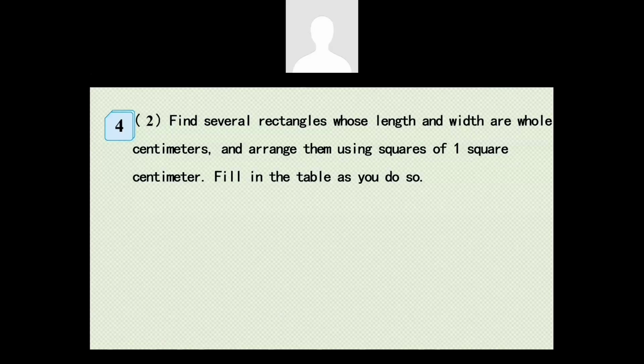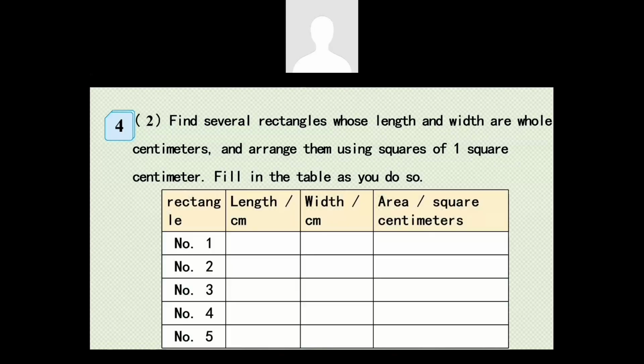Cover them with 1 square centimeter squares and fill in a table: length, width, area. I will give 2 minutes to observe the pattern: how area relates to length and width. Okay, 2 minutes. We come back in 2 minutes.